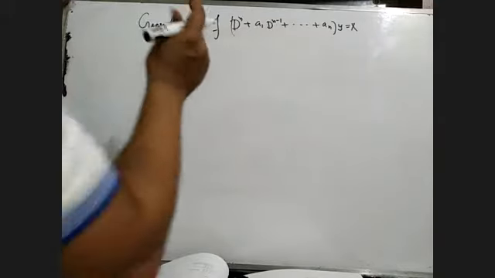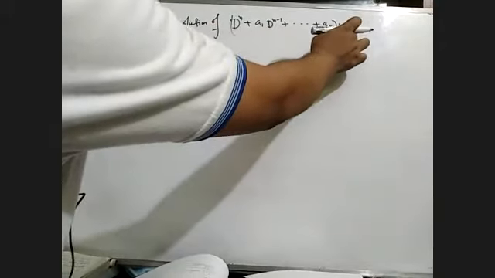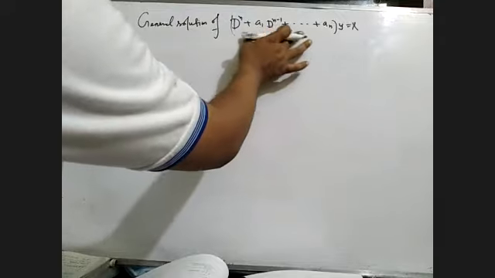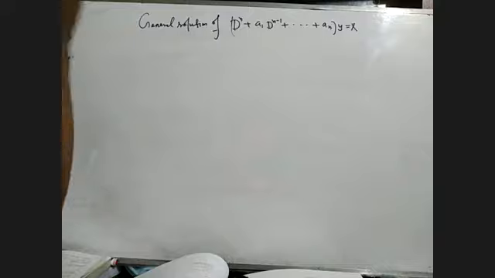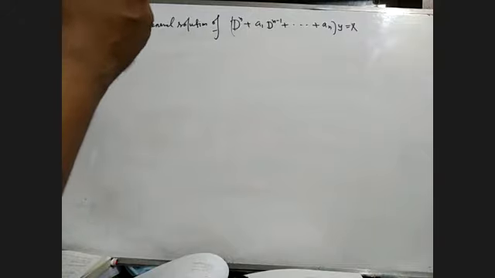So we have learned that when the right hand side is 0, that means if the linear differential equation is homogeneous, then we can find the solution just by using the complementary function and auxiliary equation.